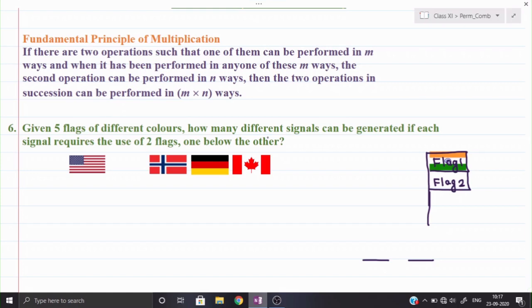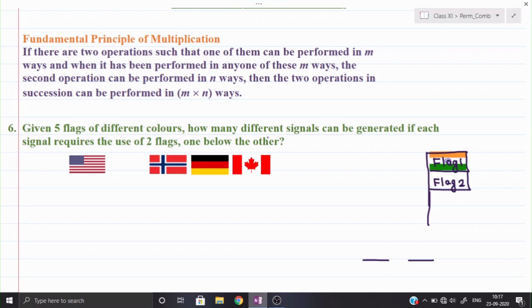If one flag I am using at the top, does it remain for us the second time? No, we cannot use the same flag there. You have only 5 flags available, only 5. There are no other copies available.